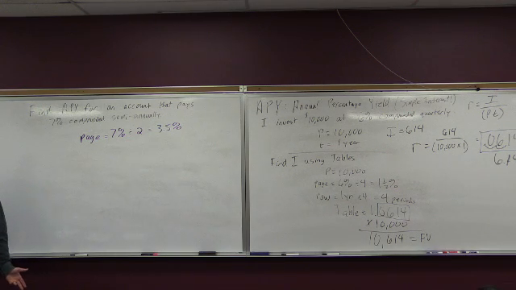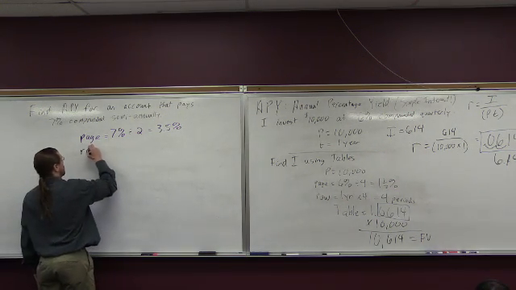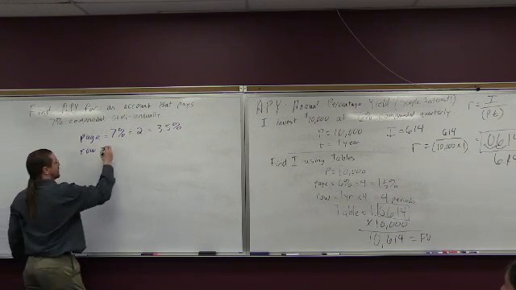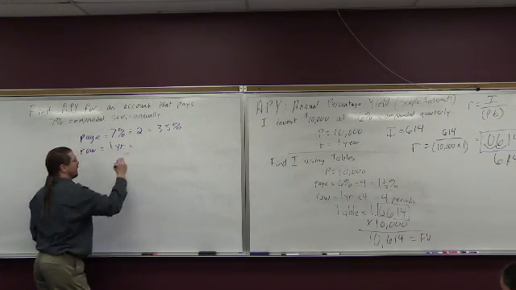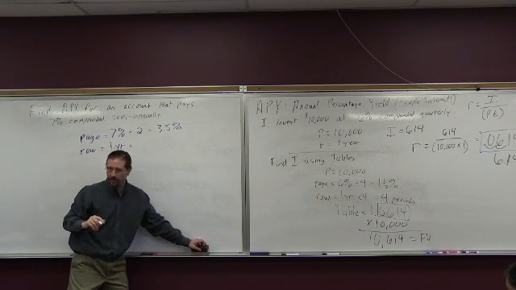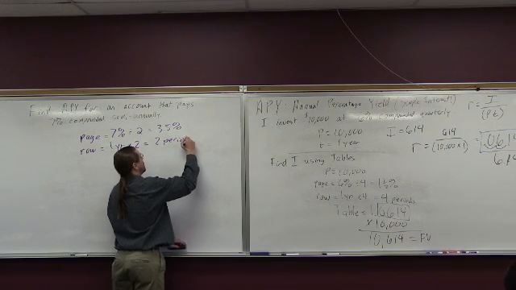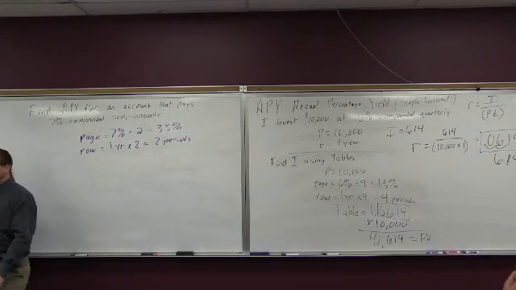What row are you going to go to? Remember, this is annual percentage yield, so there's 1 year. In 1 year, how many times are we going to compound our interest? Twice. So we're on row 2.